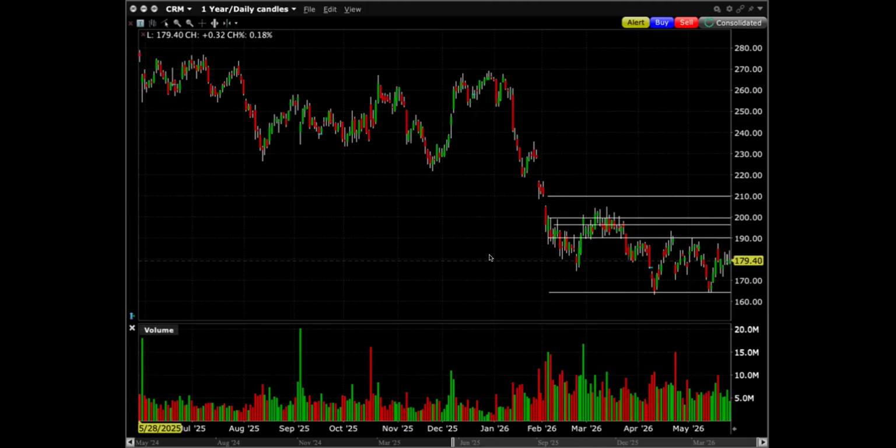If the IV is so elevated that I can get like $5 credit on a $10 wide iron condor, way out of the money on both sides, not a bad way to play a given thesis. But again, it's a very slow game because even after tomorrow, you won't be anywhere near maximum profit. You might sell for $5 credit on a $10 wide iron condor and maybe you're up like $2, for example, right? Does that excite me? Does it move the needle in my portfolio? Probably not, right?